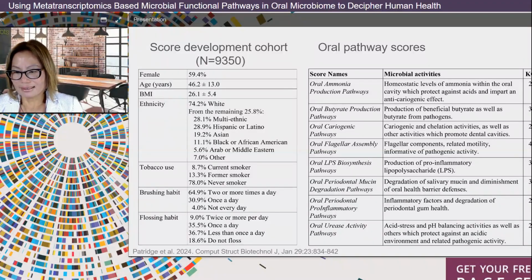Then the 8 oral pathway scores are listed with their targeted microbial activities and the number of KOs, the final winning set of KOs, for each pathway score.